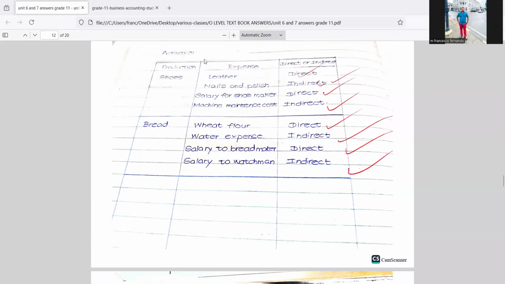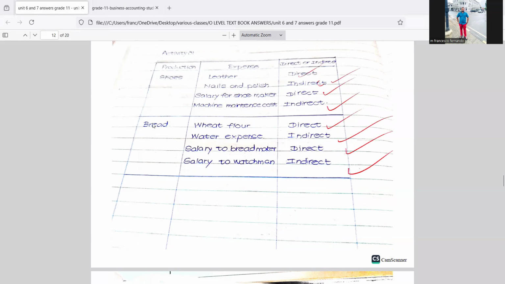But salary for the shoemaker, we can tell per shoe what the salary is, so that is a direct cost. We can identify for a shoe the cost for the shoemaker. So that is direct. But machine maintenance cost, we are using the machine for making all the shoes. We cannot tell for one shoe what the maintenance cost is.